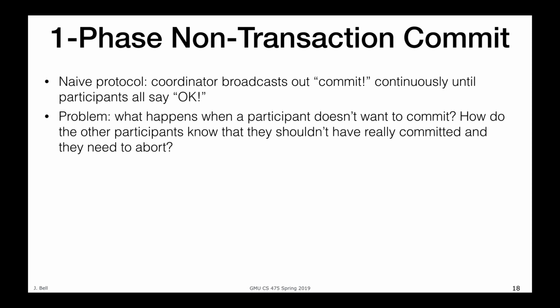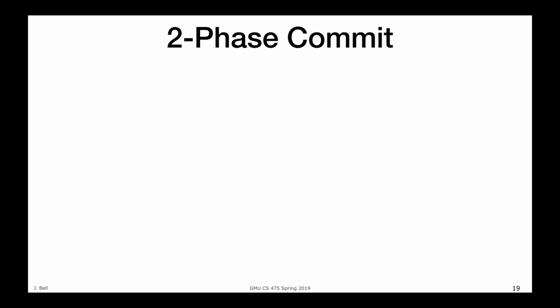If phase one was naive, then maybe if we made this a two-phase thing, it could be less naive. The key idea in two-phase commit is that we're going to separate the process of deciding globally for the entire system, not just one machine, what the final outcome is.